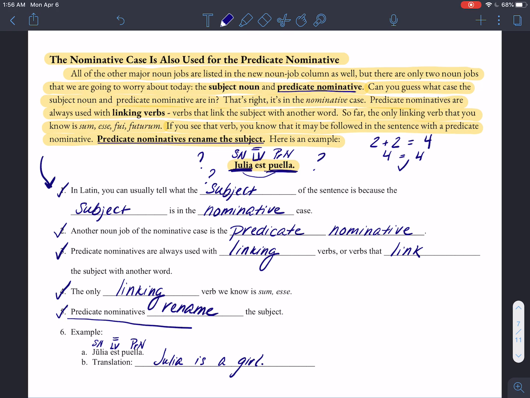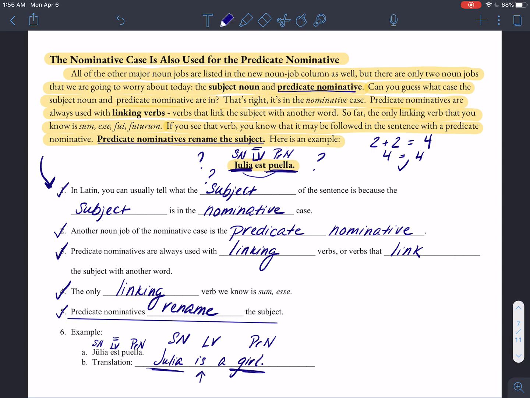If predicate nominatives rename the subject, Julia is your subject noun, and girl is your predicate nominative, and it's linked together by is. Are Julia and girl talking about the same person? Yes.